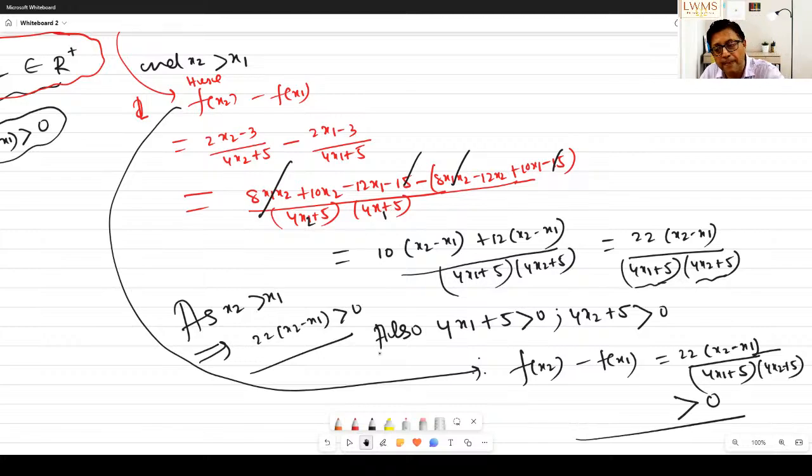Clear? So this implies that f(x2) is greater than f(x1). It means the function is increasing over there. Clear?